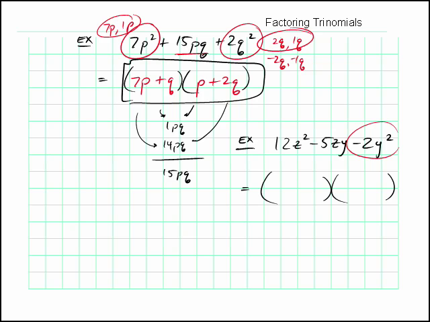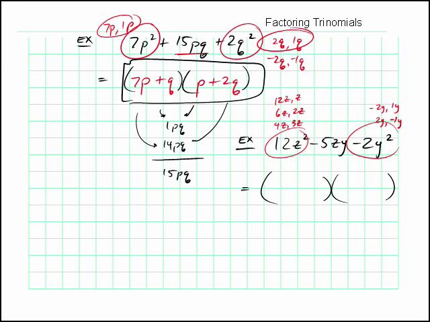Negative 2y squared can be factored as a negative 2y times a positive 1y, or it could be a positive 2y and a negative 1y. The front term, 12z squared, there's a few options for that. There could be 12z times 1z, could be 6z times 2z, could be 4z times 3z.